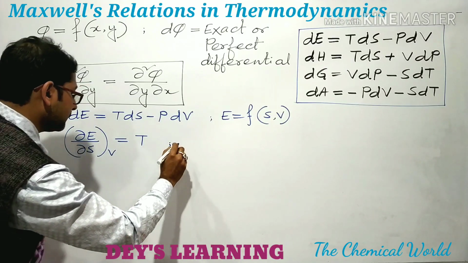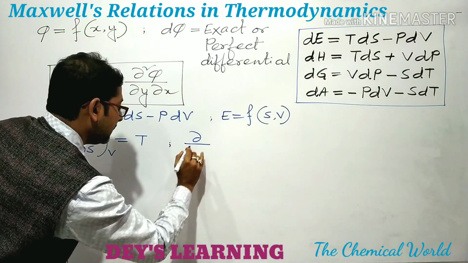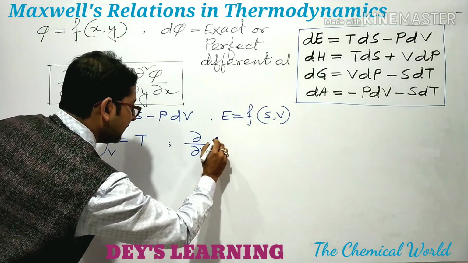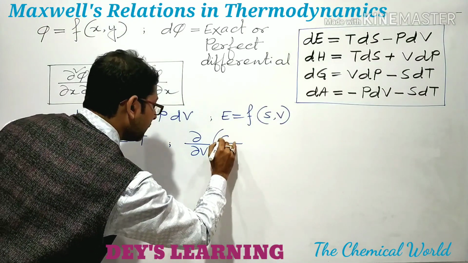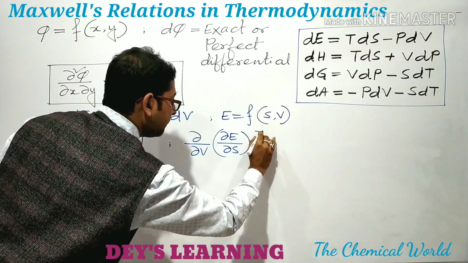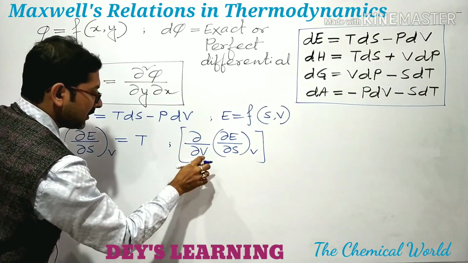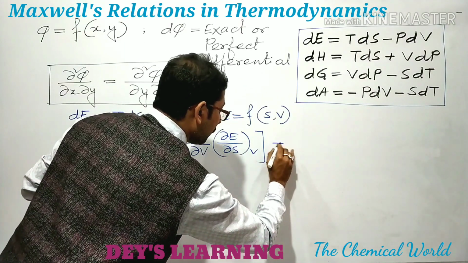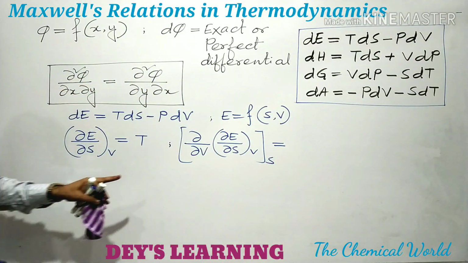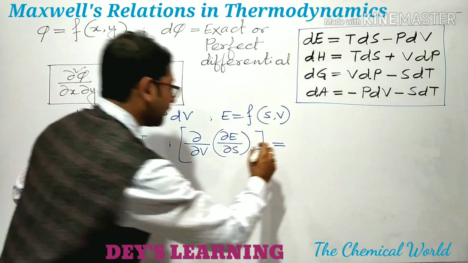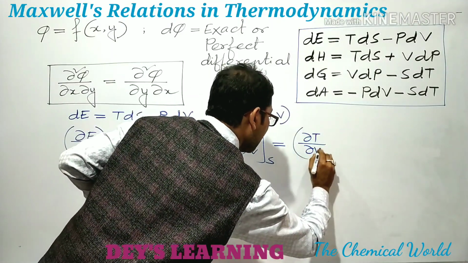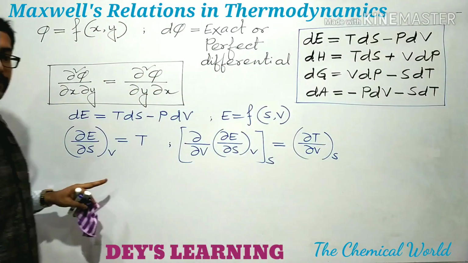Now if we differentiate this one by V, keeping entropy constant, this is del E del S at constant V, and this will be done at constant entropy, this one gives us del T del V at constant S, isn't it?